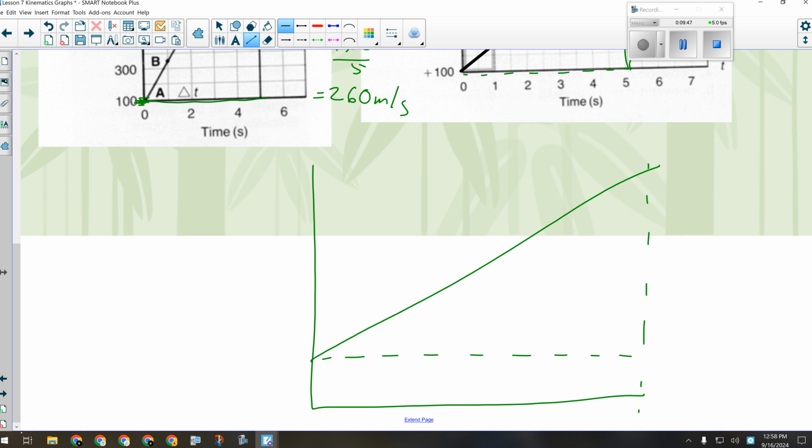So now I would find the triangle and the rectangle. Here's how far the object would go if it didn't accelerate, and then I have to add on to that how far it covered while it accelerated. Everybody okay with that? These are the things that you would have learned in Science 10 for sure.